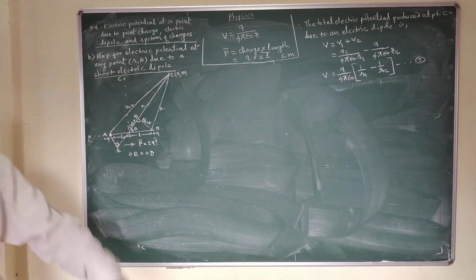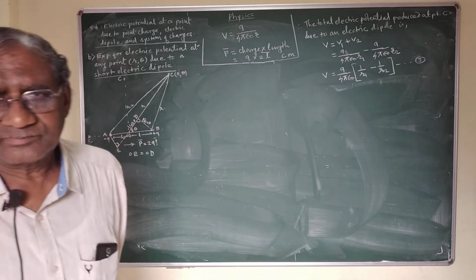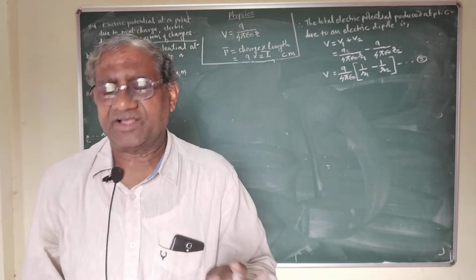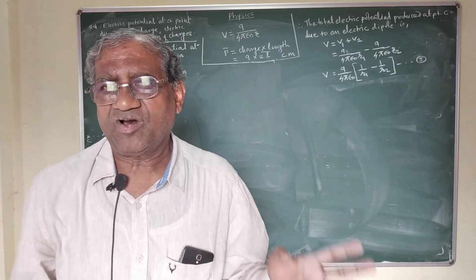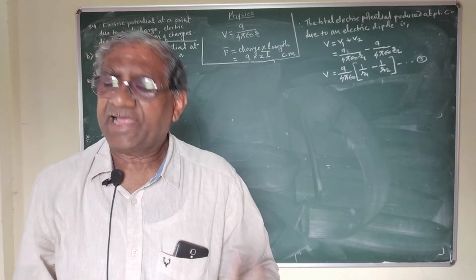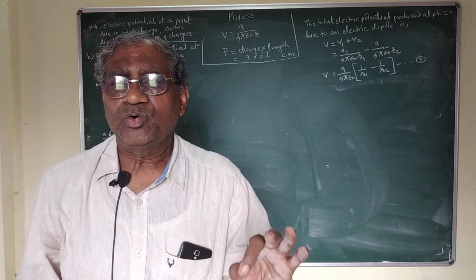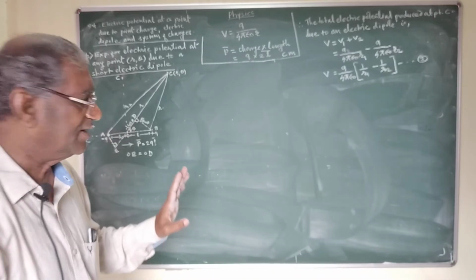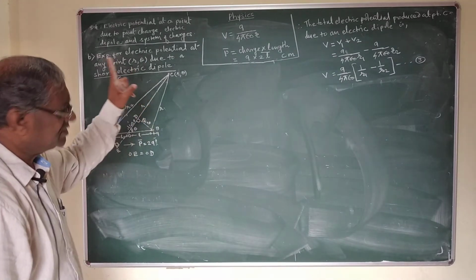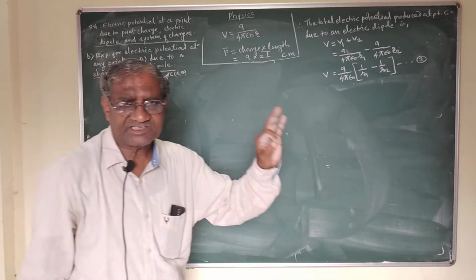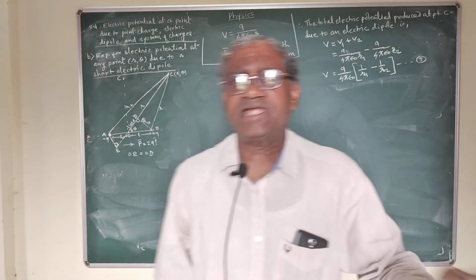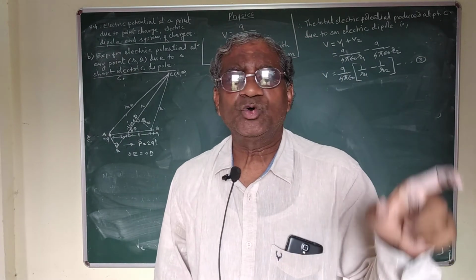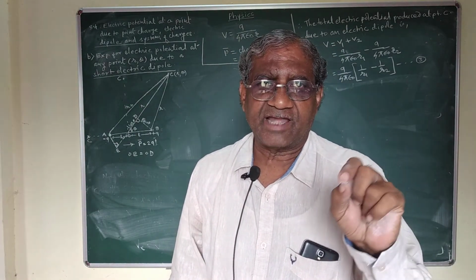In the textbook, the method is given. By using this method, we can obtain the expression for electric potential at any point due to a short electric dipole. This question is very important: derive an expression for electric potential at any point due to a short electric dipole.